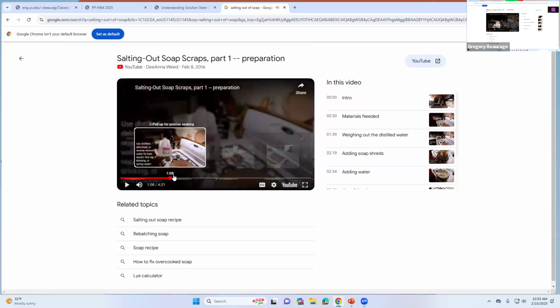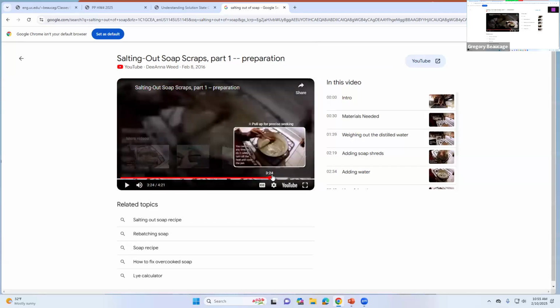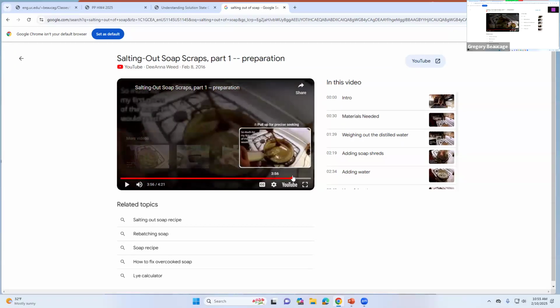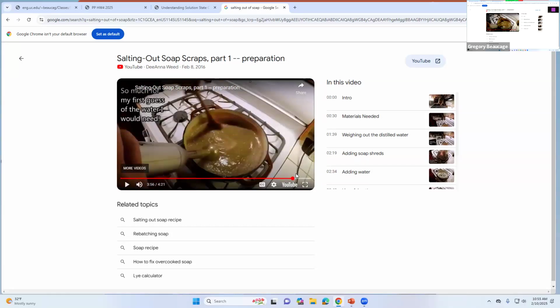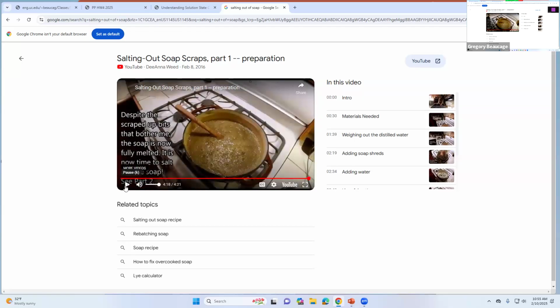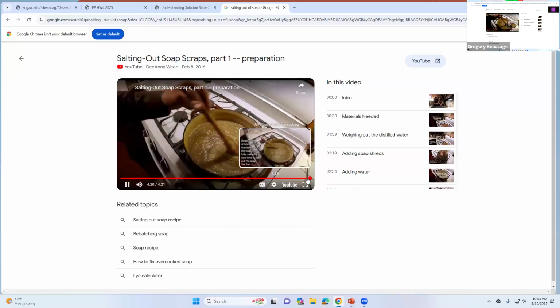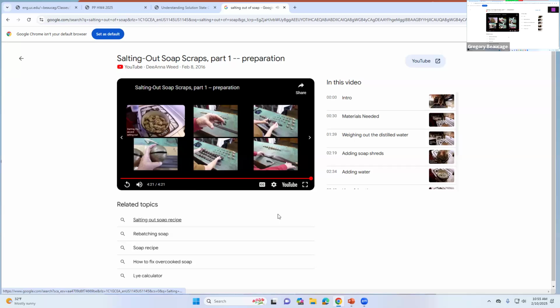So she takes the soap, puts it into water, and gets it to dissolve. And then she gets this weird, disgusting soup of soap. And in part 2, which is the part we want, I don't know how to get to 2 except go through this. It's probably unavoidable.